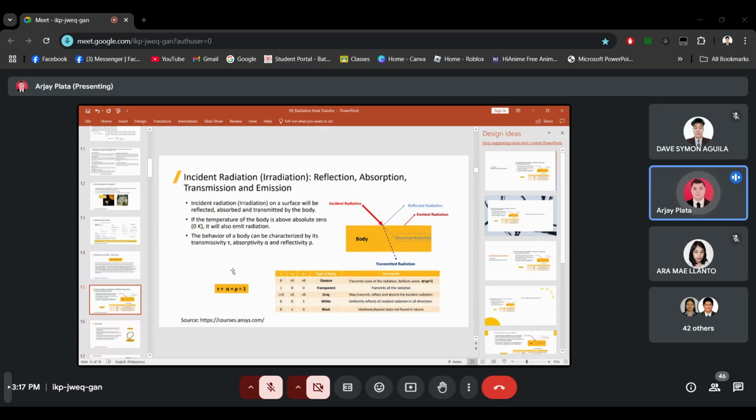When we add transmissivity, absorptivity, and reflectivity, the total is 1. For the opaque one, there is no transmission, so tau is 0, and alpha and rho are greater than 0.